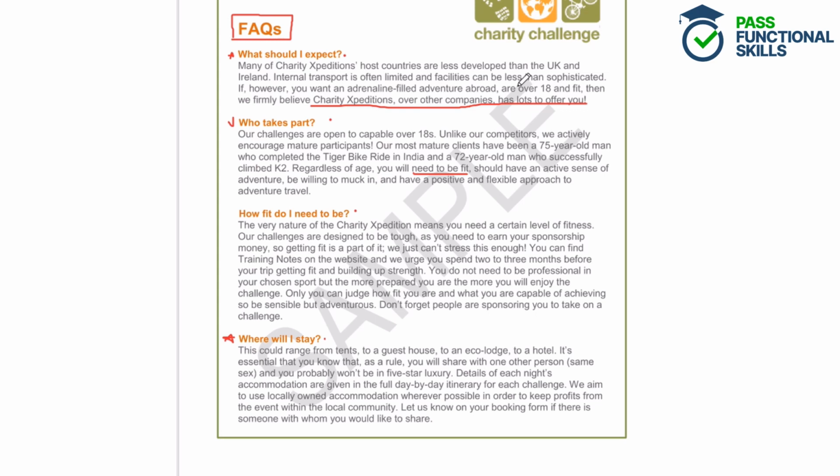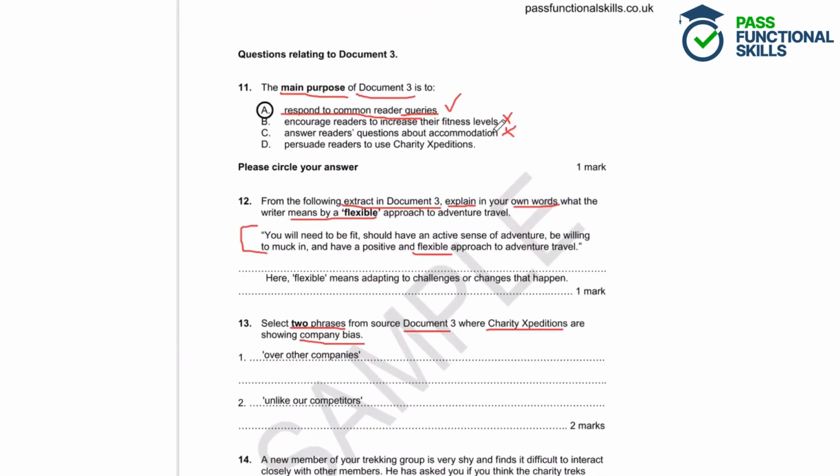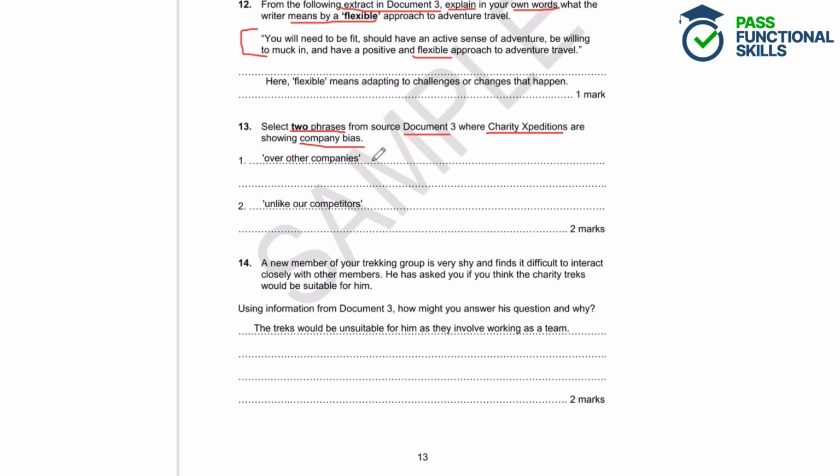And the second one, we have unlike our competitors. Now, this phrase suggests that they're better than their competitors. They actively encourage mature participants. So they're more inclusive, they're encouraging more people, older people, to join. So here the student has identified 2 phrases that are showing this company bias.